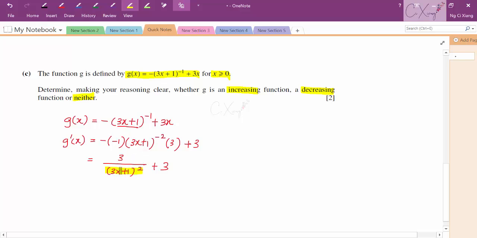So 3 divided by a positive value is positive, plus 3 is also positive. So you can see that this whole expression will be positive regardless of the value of x. You can make a simple conclusion here: g prime x is always positive, regardless of the value of x.